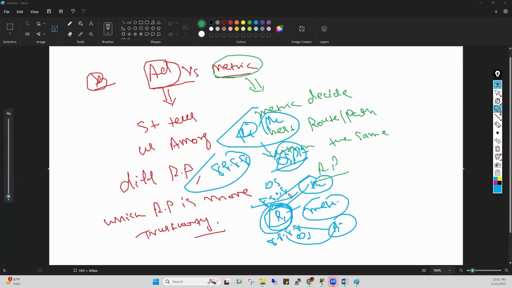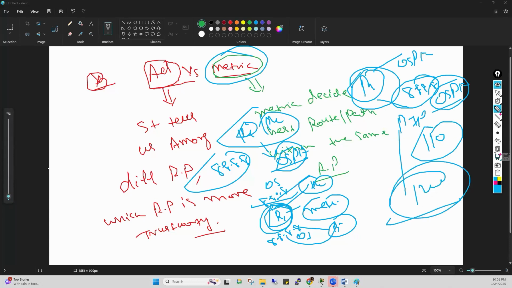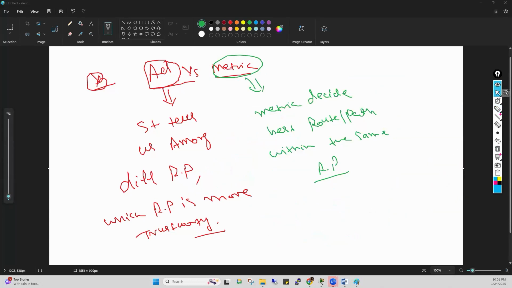So here, you will use the metric. But in case number 2, this router receives one route from OSPF and one route from RIP. And here this router decides 8.8.8.8 via OSPF is best. Why? Because OSPF AD value is 110 and RIP AD value is 120. Clear? I hope this is clear to all of you.